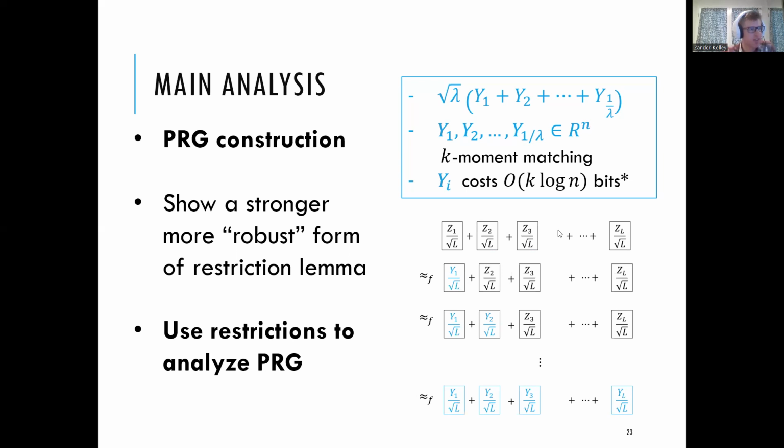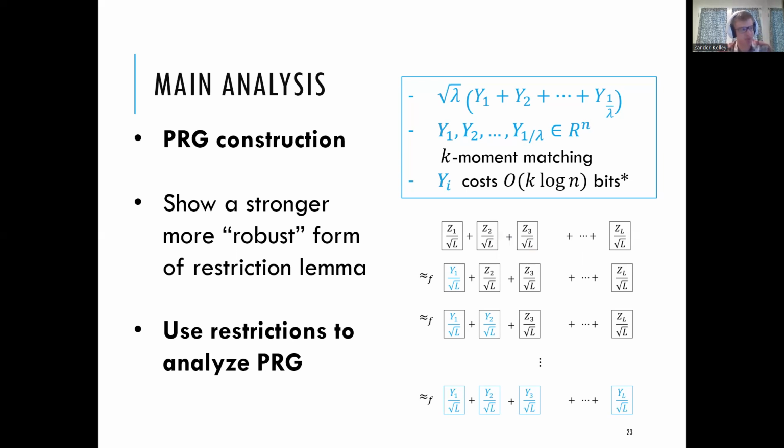That's pictured here on the top row, these Zi's. So this is like the target distribution. And we want to show that as far as f is concerned, this thing looks like our pseudorandom distribution. What's pictured here is a hybrid argument.